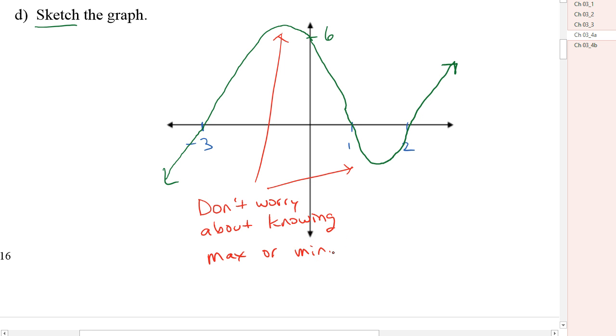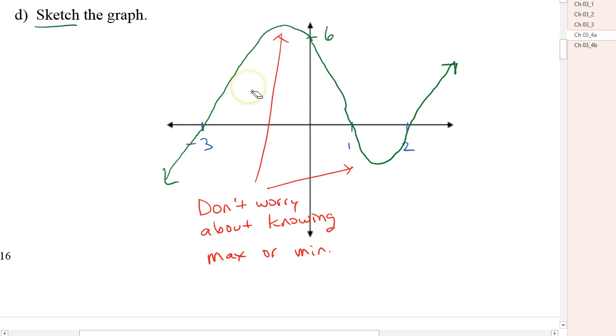If you had your line go up and say you drew it so that the maximum was at 6 and then came down, like that red line, I just did a really ugly red line. If you did one like that, that would be fine. Don't worry about making it look exactly right.